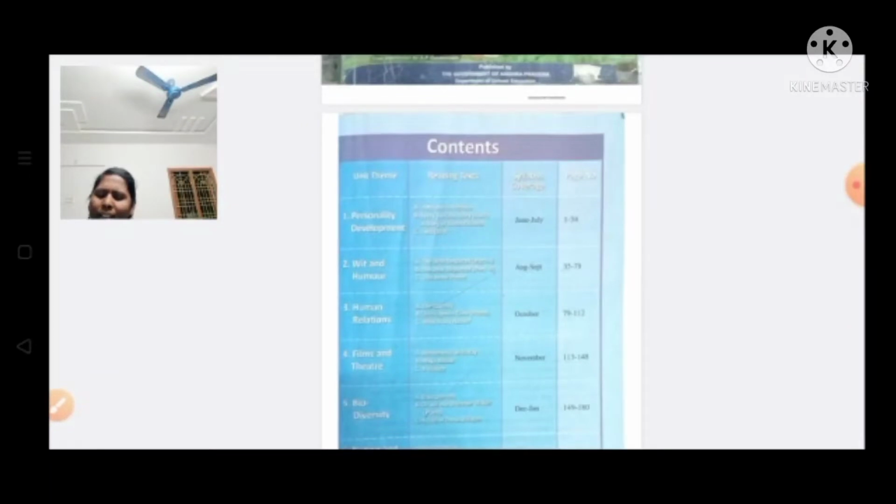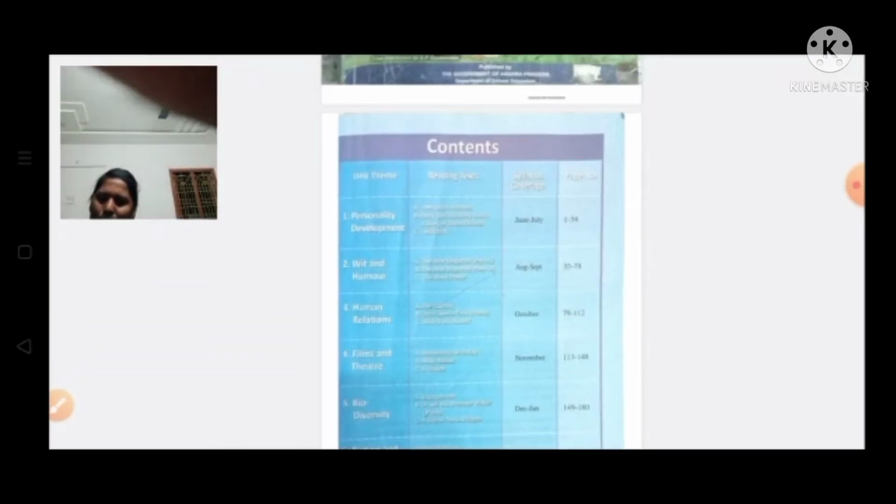Before going to the lesson, the theme is personality development. Personality refers to the internal as well as external qualities of a person.